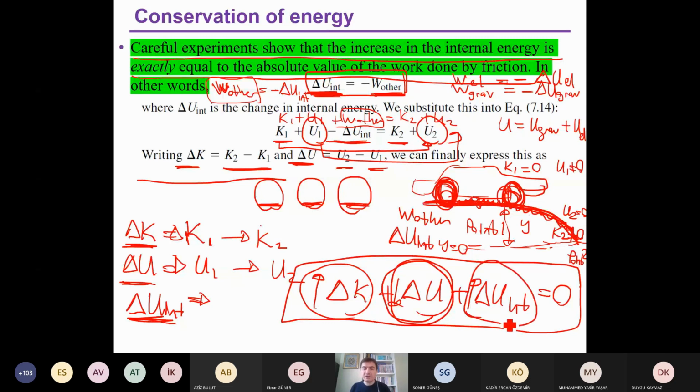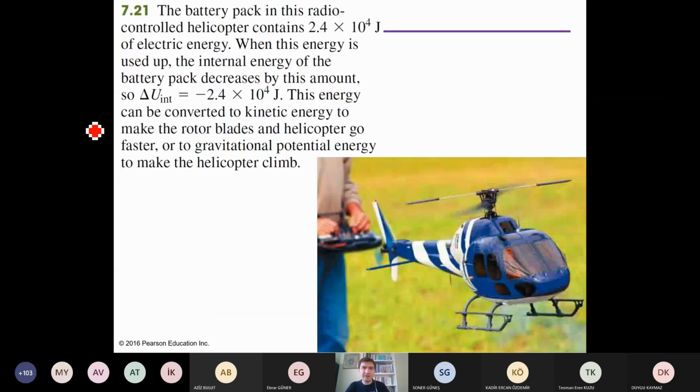So you cannot produce new energy. You can only use energy to convert it from one form to another form. This is the law of conservation of energy. Any question here?